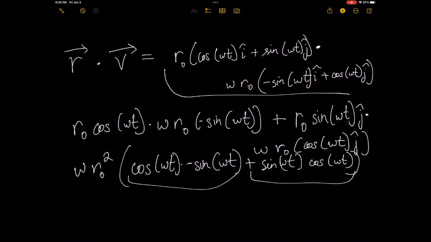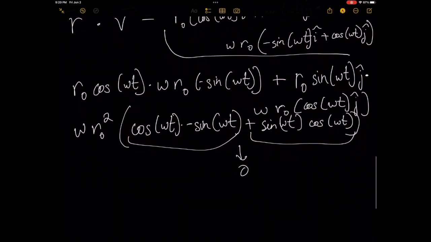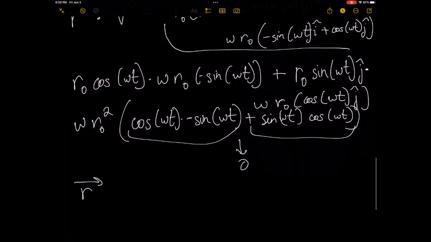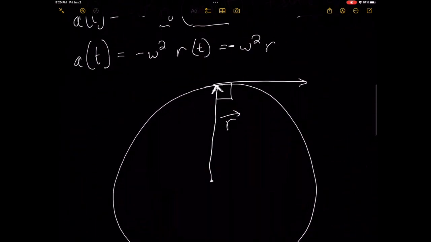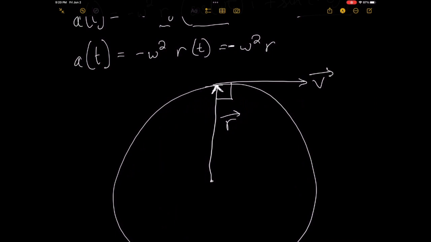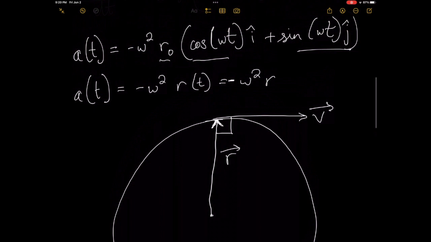And as you can see, this plus this is equal to 0. And so r dot v is equal to 0. And that's why the velocity vector is tangential, or perpendicular, to the position vector.